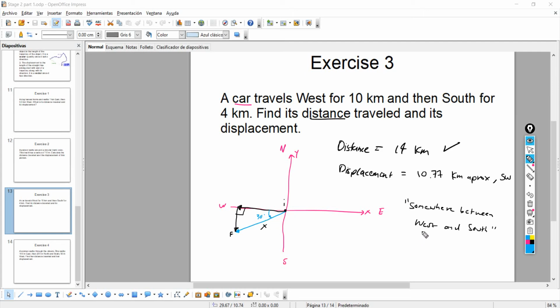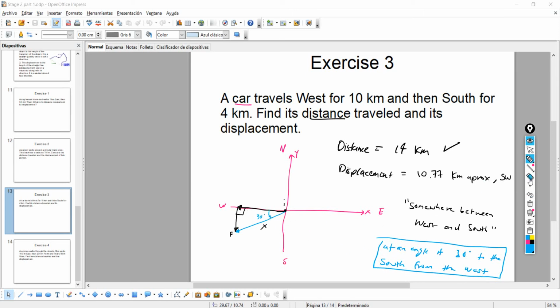The direction would be specified by saying at an angle of 30 degrees to the south from the west. This is technically the way in which the direction should be specified, at an angle of 30 degrees to the south from the west. Can you see why I'm saying that?